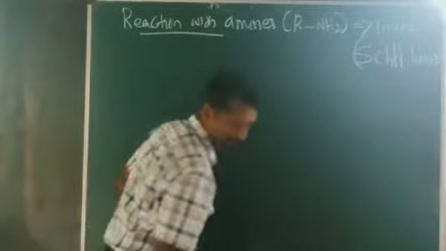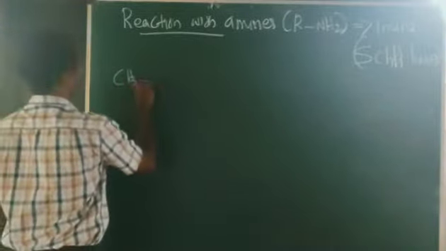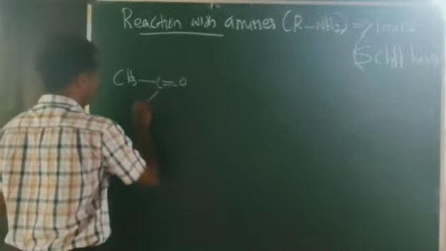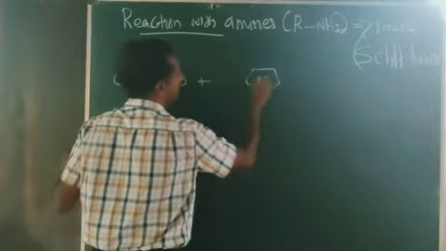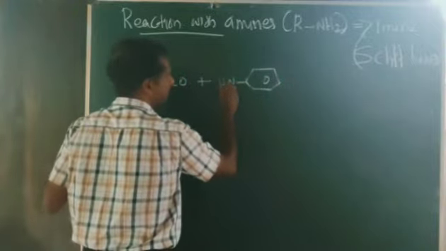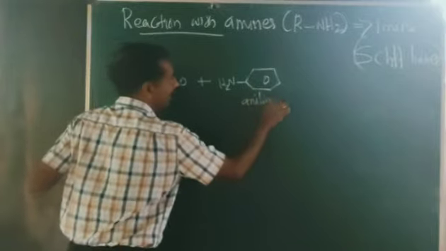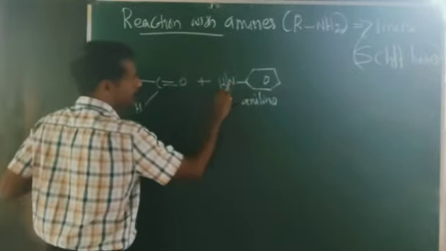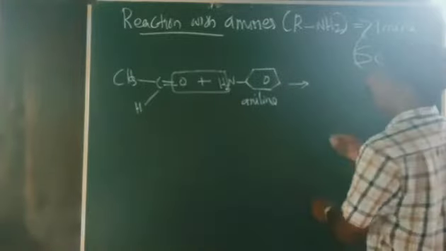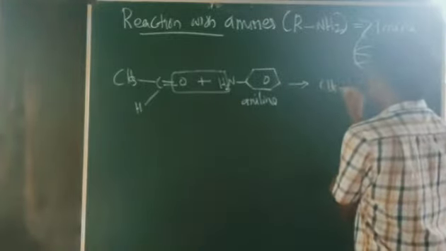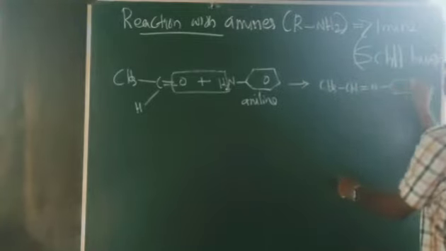Another example is we take again acetaldehyde, CH3CHO, and we take an aromatic amine, that means a ring with NH2. What is this compound? This is aniline. Then what we get? H2O is eliminated, and we get a compound like this, CH3CH=N, and here is a ring.